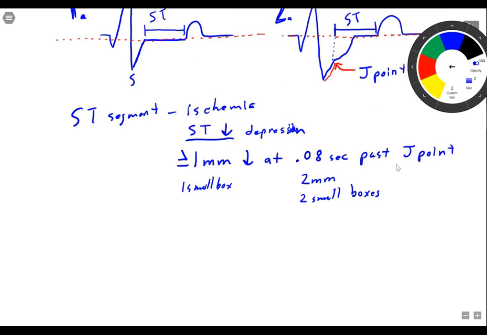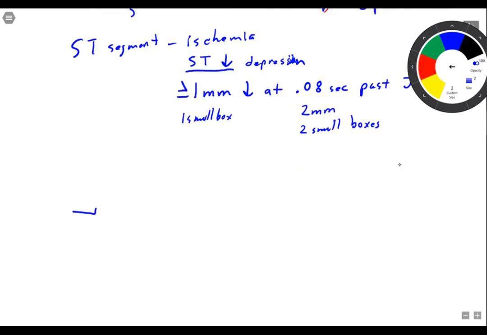So let me redraw this and show you the scenario. Here's our PQRST wave. Here's our baseline. And I'll use even another color here. So what we're looking at here is, here's the J point, right? It's where the S wave suddenly changed direction.